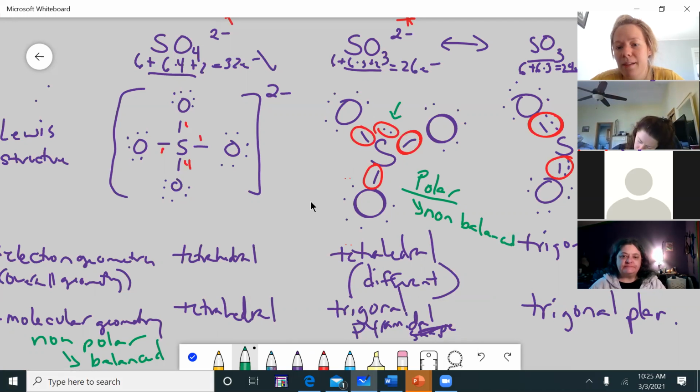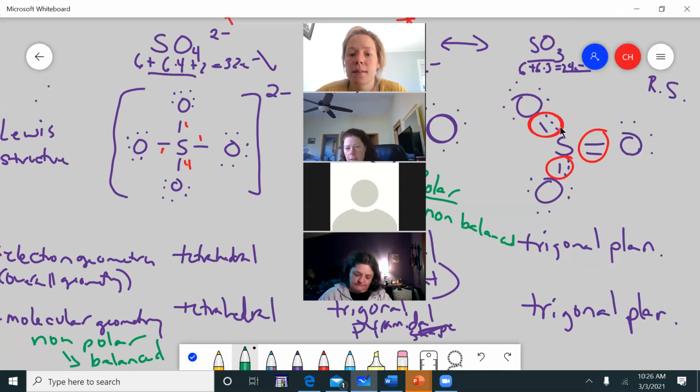Non-polar is balanced, polar is non-balanced. What about this last one here? Do you see any lone pairs on the central atom? No lone pairs. So we're going to say that this thing is non-polar. It's nice and balanced. And you may be thinking, but doesn't one of them have a double bond? Well, that double bond kind of oscillates around, so it's balanced enough. All right, so we'd go with non-polar on this.